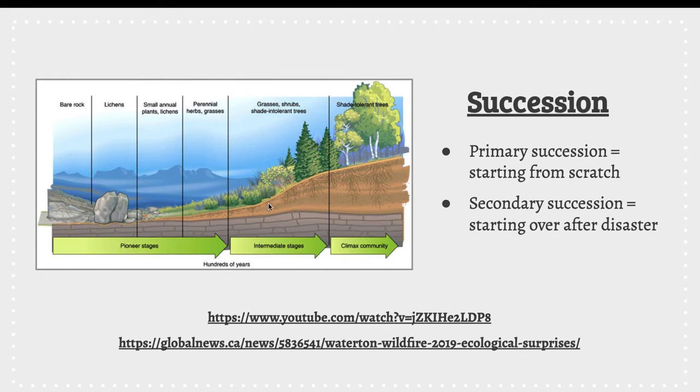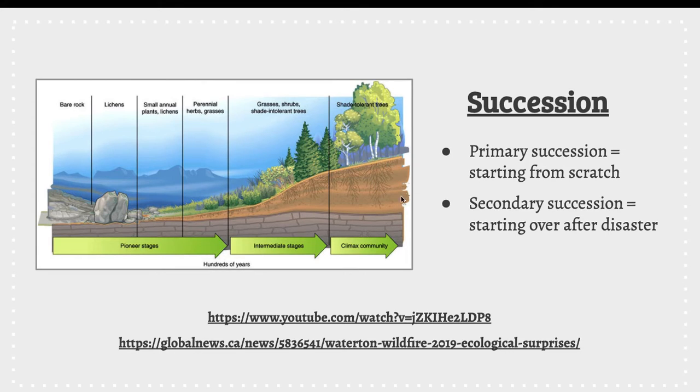And as time goes on, now we've got some bigger species here. We've got grasses, shrubs, some shade intolerant trees, so these trees that need lots of sun, and they're going to be living there for quite some time, like our lifetime for sure, until it gets to a climax community, and that can be several hundred years into the future, where we have trees that can live in more shade tolerant places, so they are able to live underneath trees.